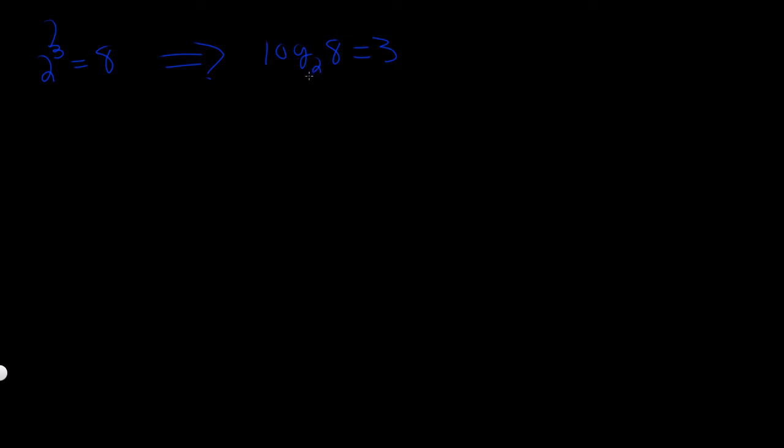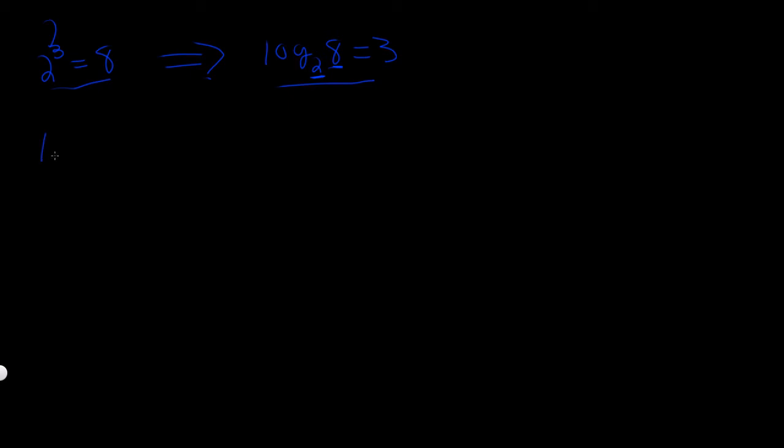So if I were to ask you what log base 2 of 8 equals, this says 2 to the power of what is equal to 8. So this right here is the same thing as this. So 2 to the third power is equal to 8.